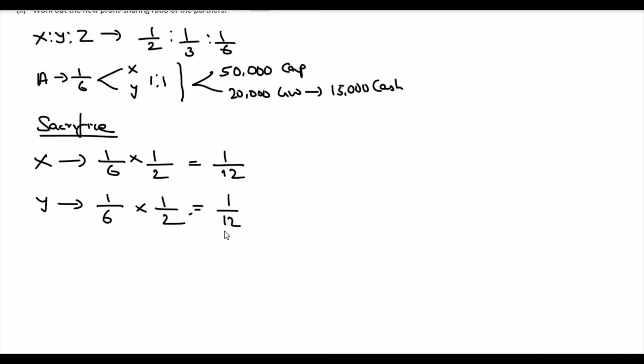Now this is the sacrifice that each of the partners X and Y has made towards A. So we need to find the new ratio.